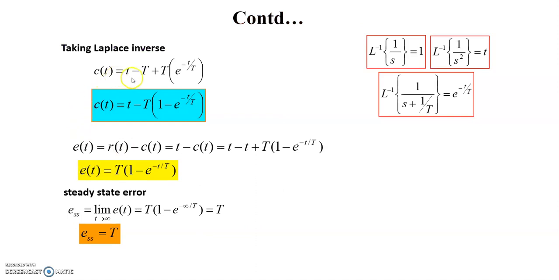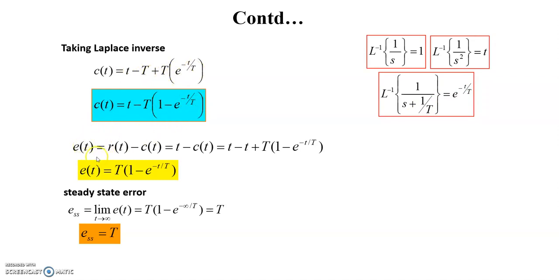So C of t is equal to t minus tau plus tau into e power minus t by tau, because 1 by s square is equal to t, 1 by s is equal to 1, and 1 by s plus 1 by tau is equal to e power minus t by tau. Taking tau as a common factor for these two terms, we get tau into 1 minus e power minus t by tau.